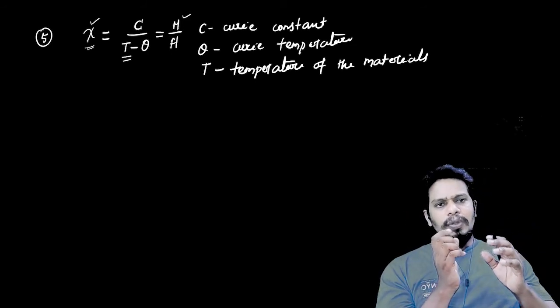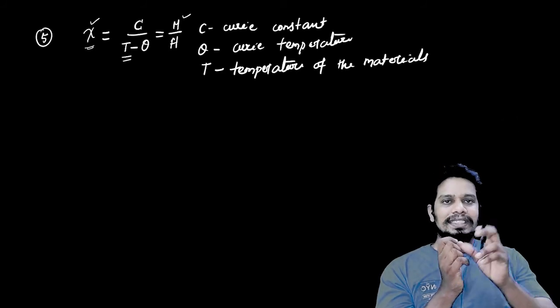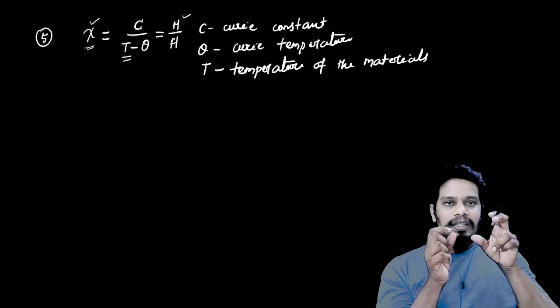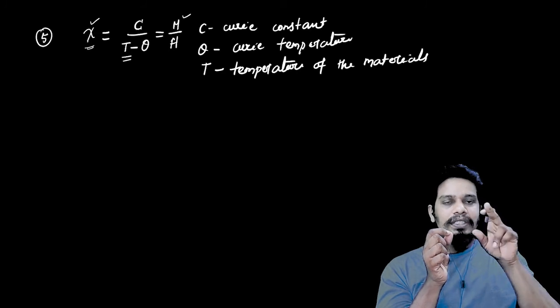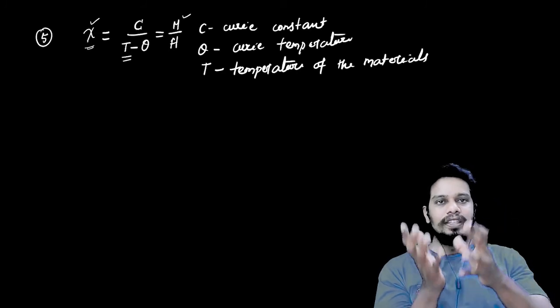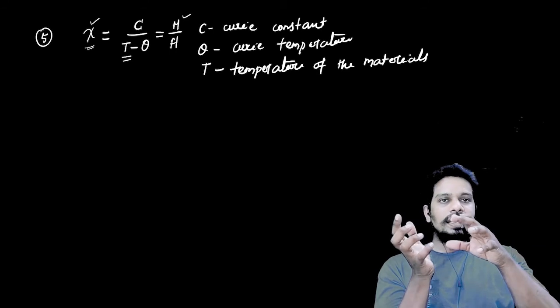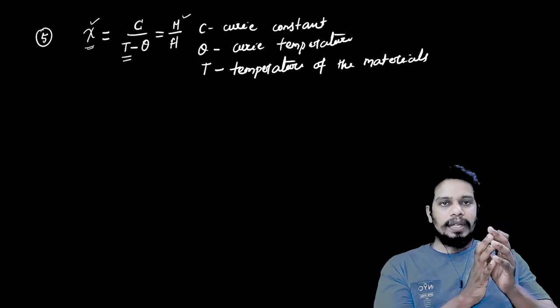So the Curie temperature is a transition temperature: if the temperature of the material T is greater than the Curie temperature, then the ferromagnetic material will become a paramagnetic material.